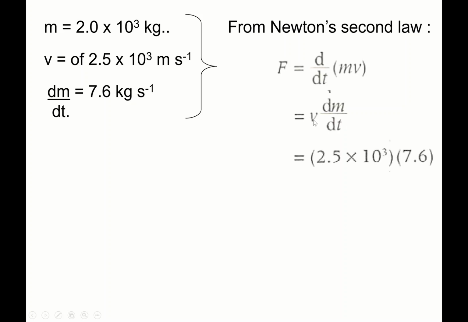We substitute the value of v, 2.5 times 10 to the power of 3 meter per second, and the rate of change of mass, 7.6. So the force will be 1.90 times 10 to the power of 4 Newton.